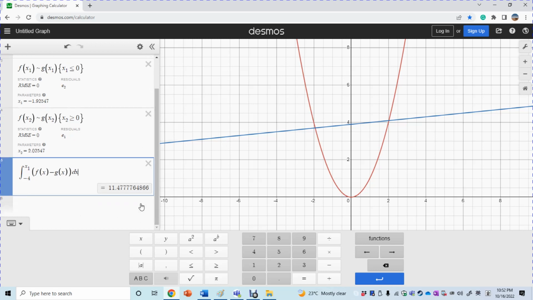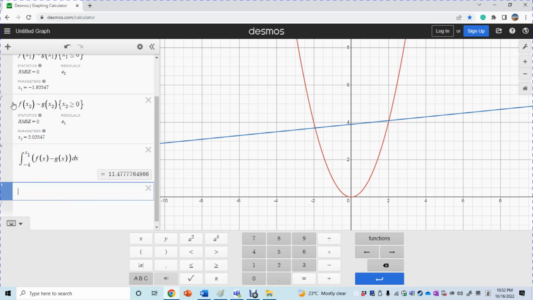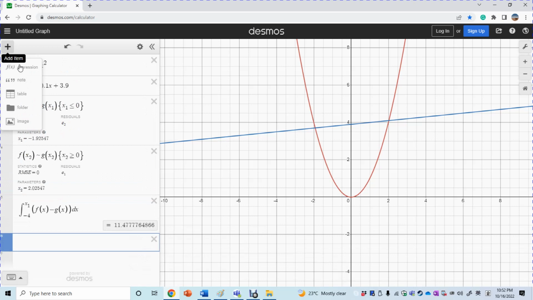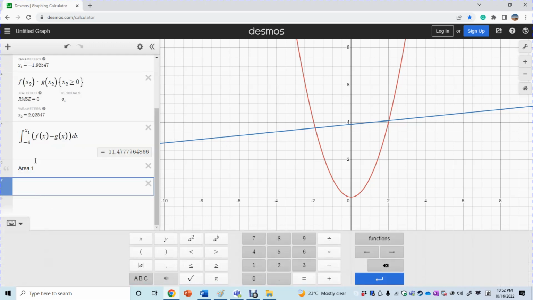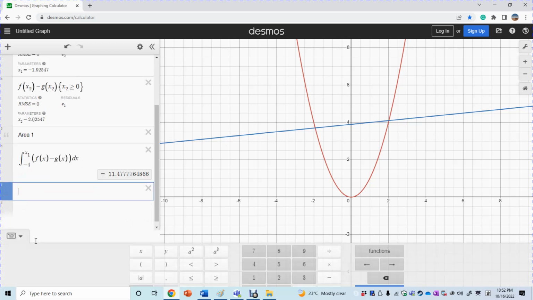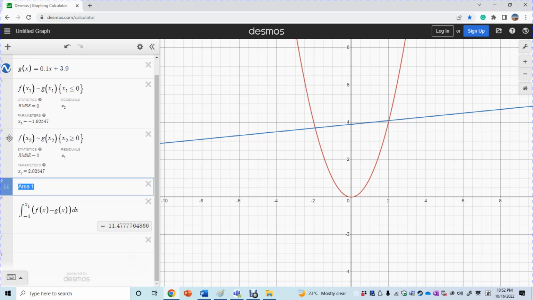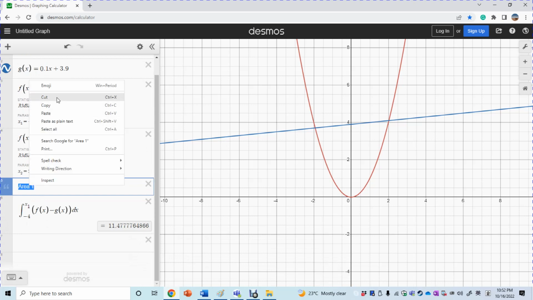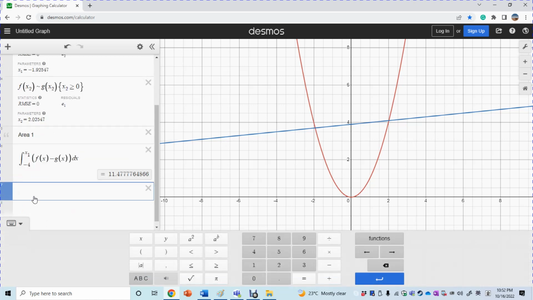If you want a remark reminding you that's area 1, you can always add a note. Let me put that area 1 above the integral. Then I'm going to copy that again.